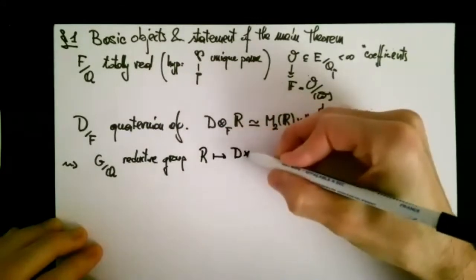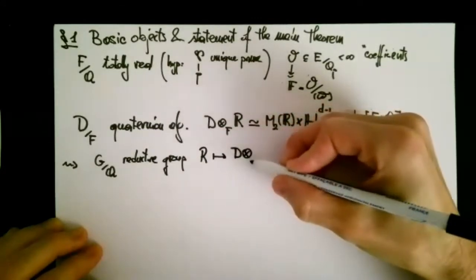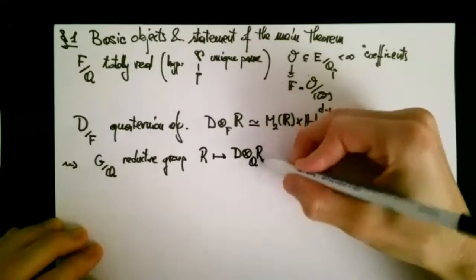So for R a Q-algebra, G(R) is D tensor over Q with R, and I take the units.